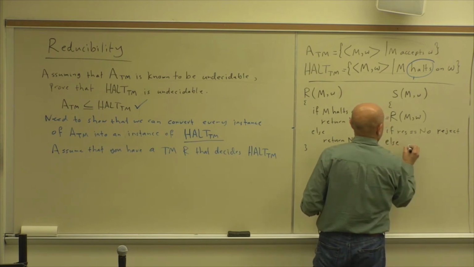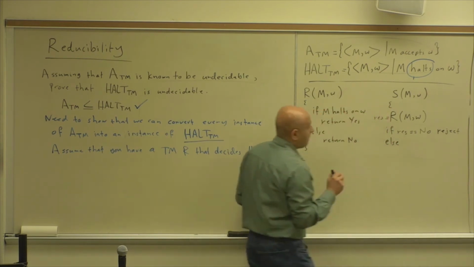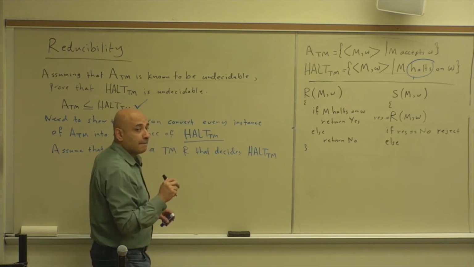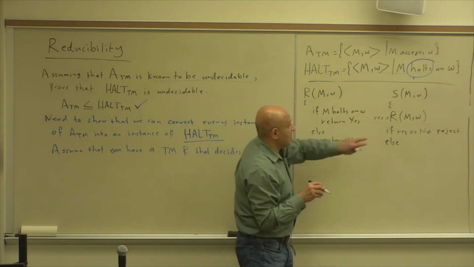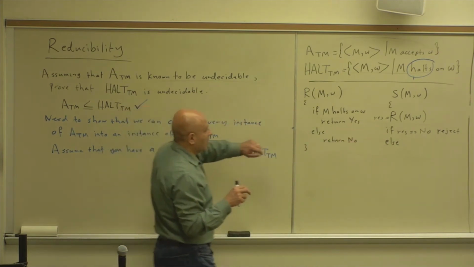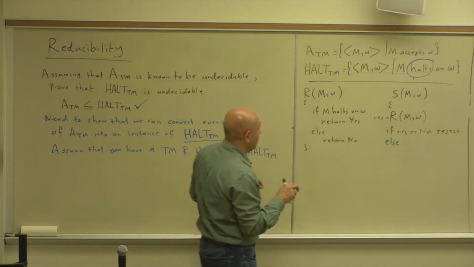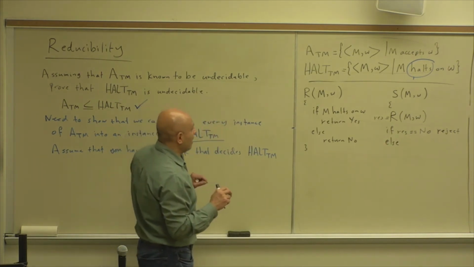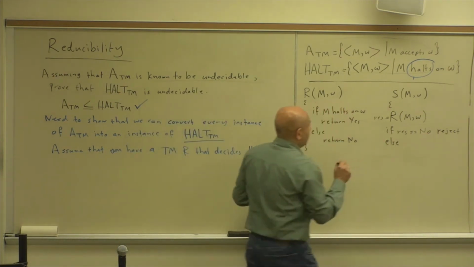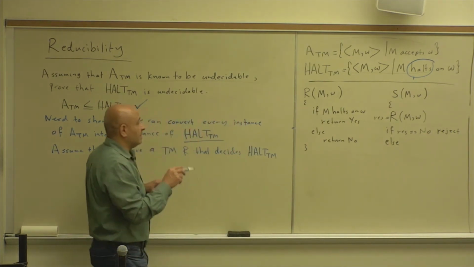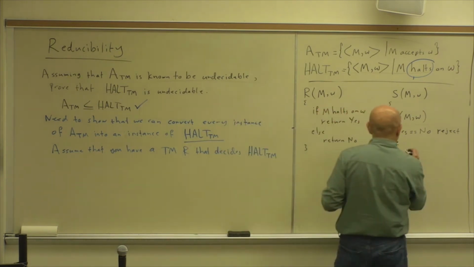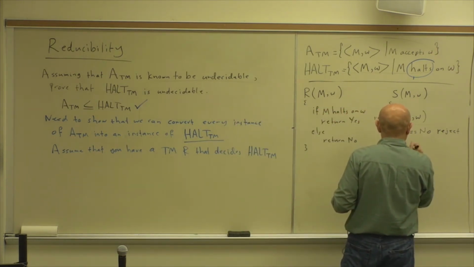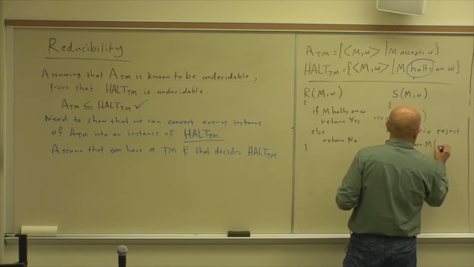Now, if R says no, it doesn't halt, then I reject the string. If it doesn't reject, or if the result is yes, it means that it halts, and it will be safe to call M. Else, just call or return M of W.